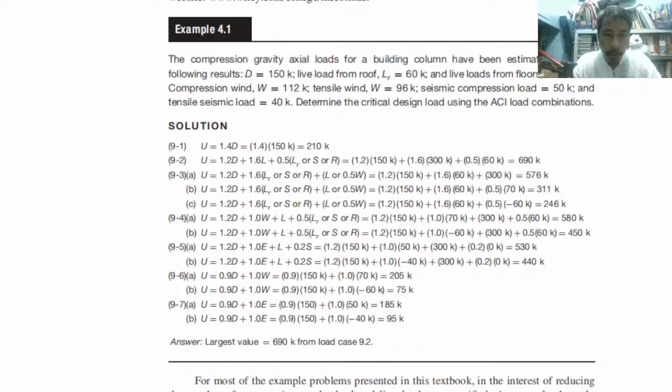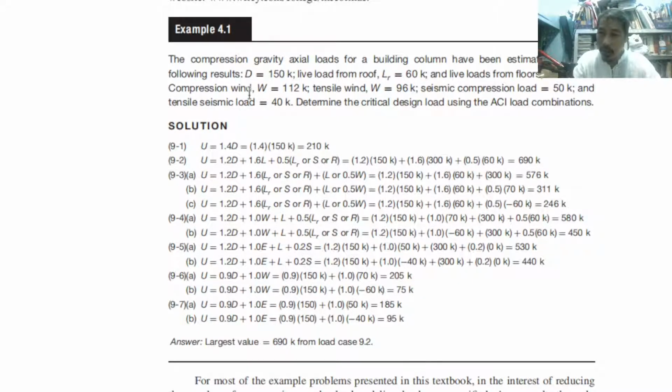Okay, so we are given what? Gravity axial loads for a building column estimated with the following: dead load 150 kips, live load from roof, that is LR, 60 kips, and live loads from floors, L is equal to 300 kips. Wind compression, that is different from tension wind.